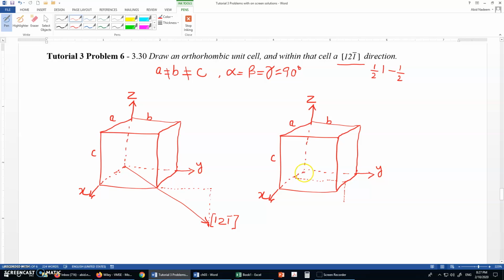Now we can join this point with the origin. So this is another way of showing this direction. You can represent it like this.